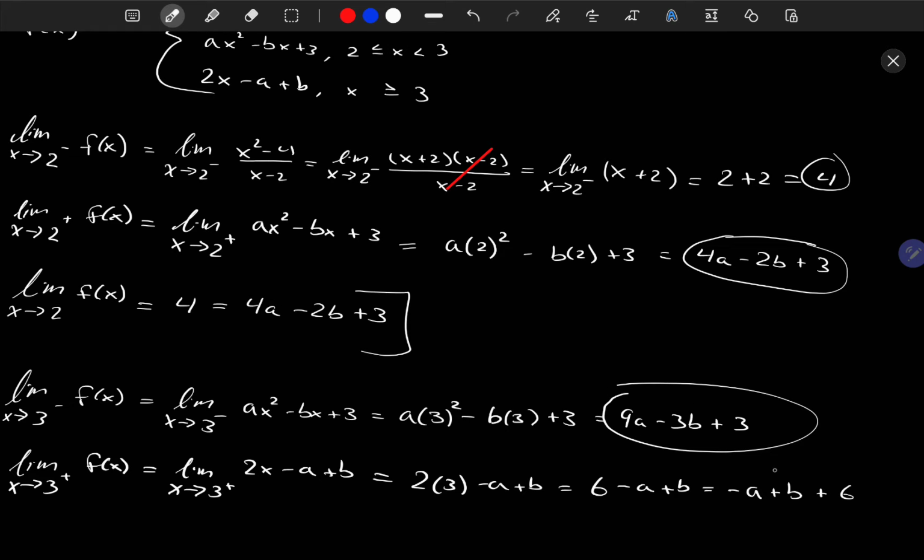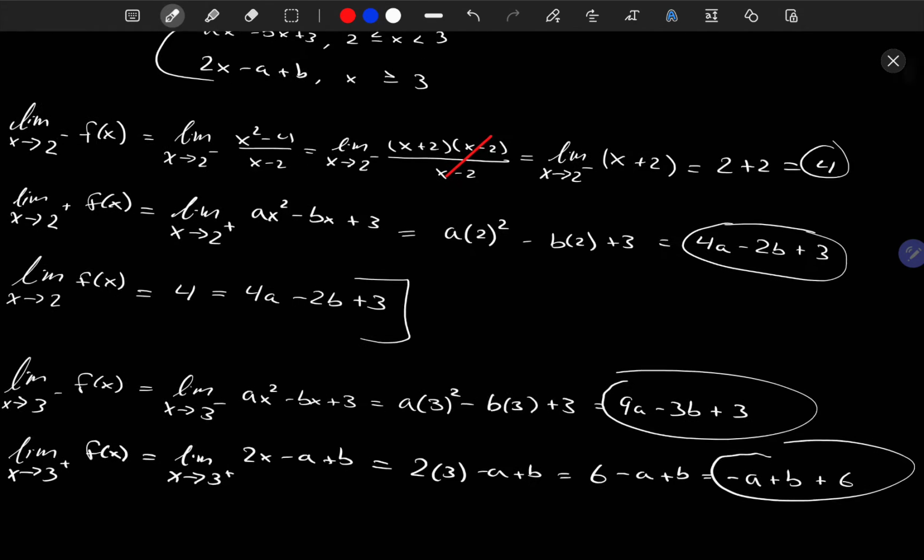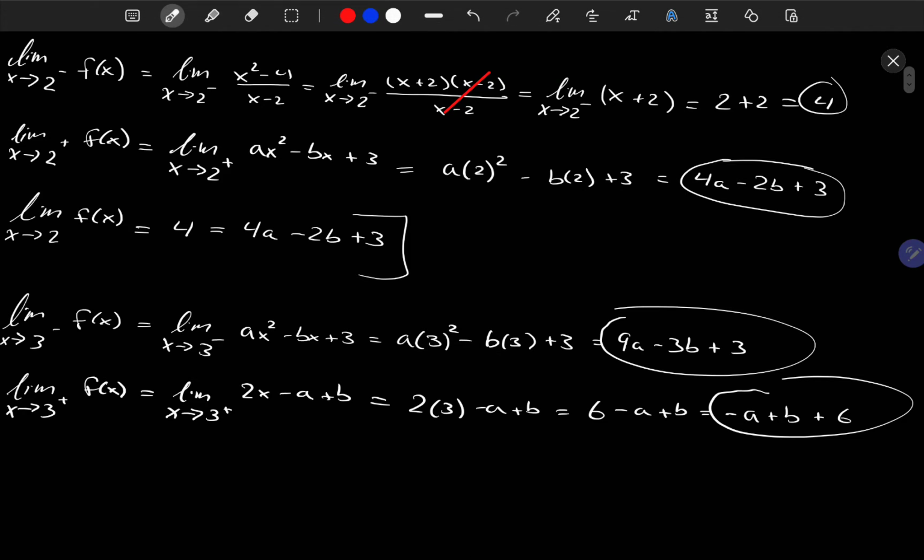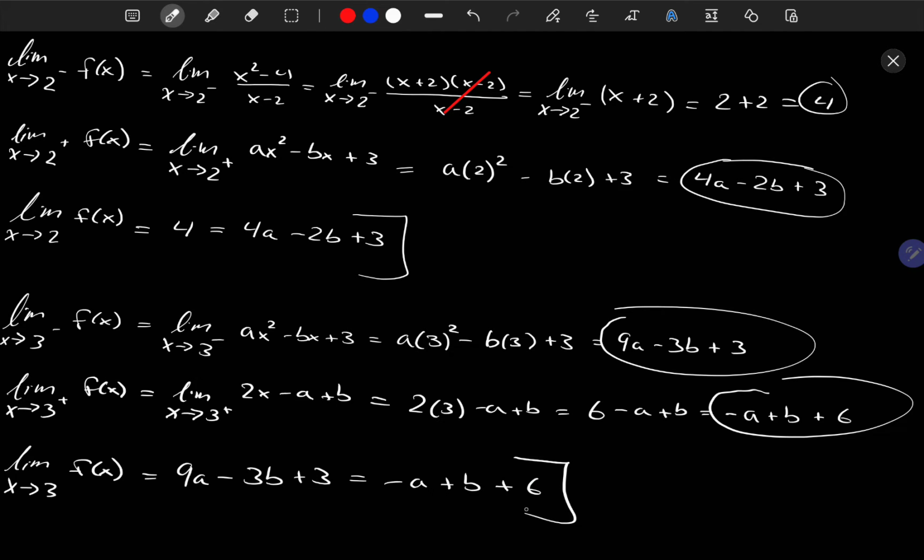So we have the limit as x approaches 3 of f of x equals 9a minus 3b plus 3 and negative a plus b plus 6. All right, let's write these in a different color just so we know.